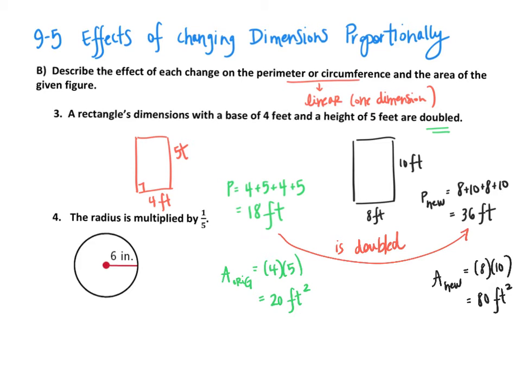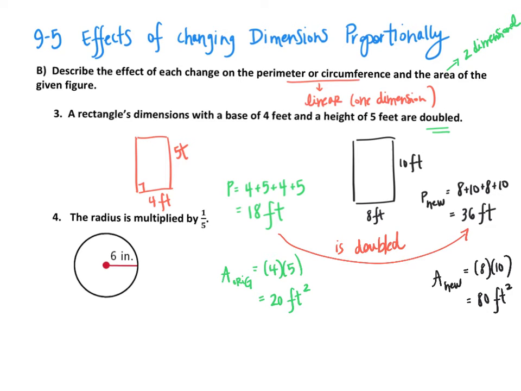Well, area is two-dimensional. So when you think of area, you think of it as a two-dimensional concept, because area is dealing with base times height in this problem. Even with the area of a square, you've got the radius squared, so you're dealing with two dimensions.